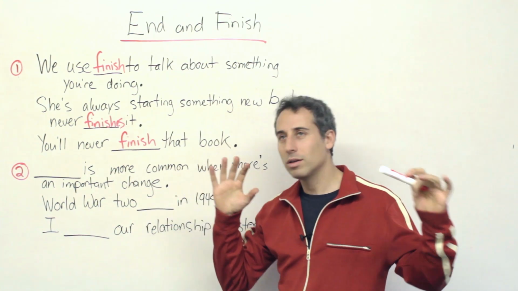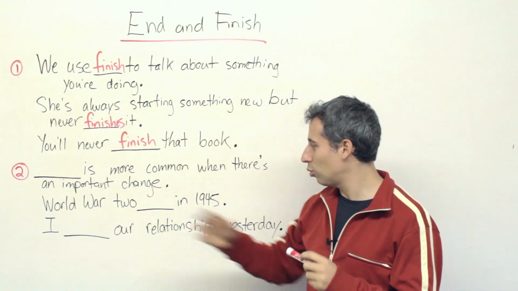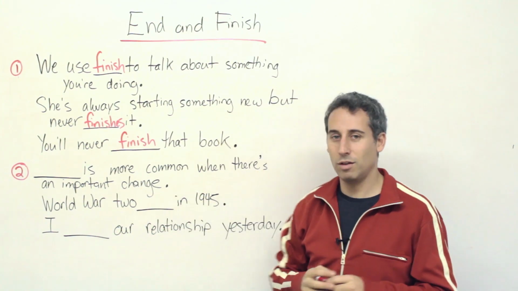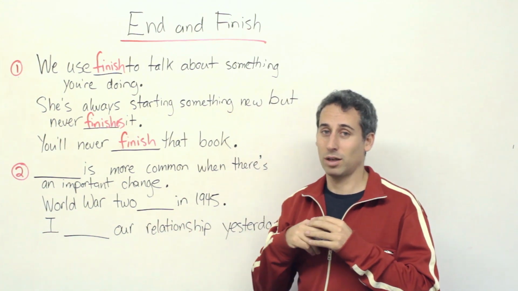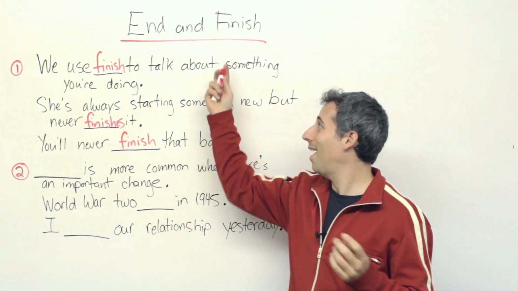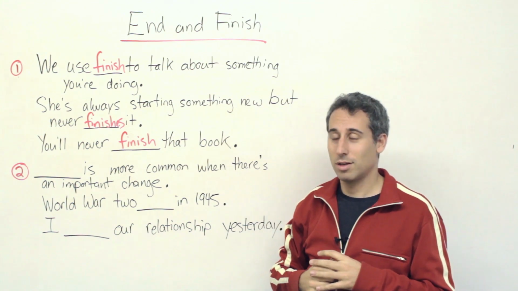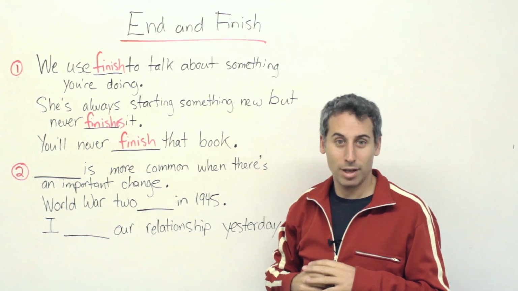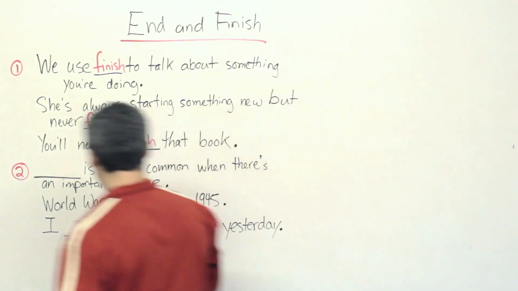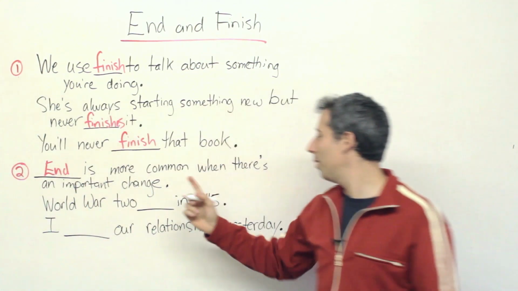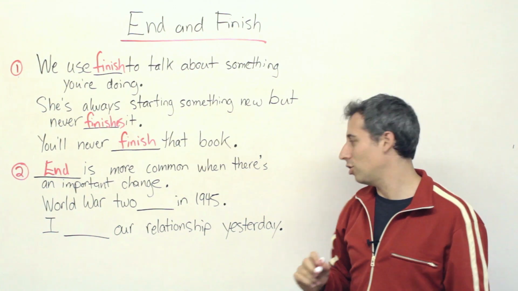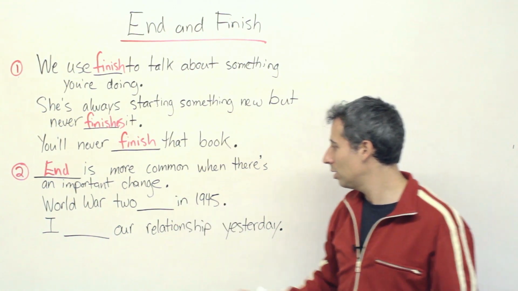Try and think about these two sentences. World War II blank in 1945. I blank our relationship yesterday. What do you think it is? End or finish? That's right, it's end. End is more common when there's an important change. So World War II.